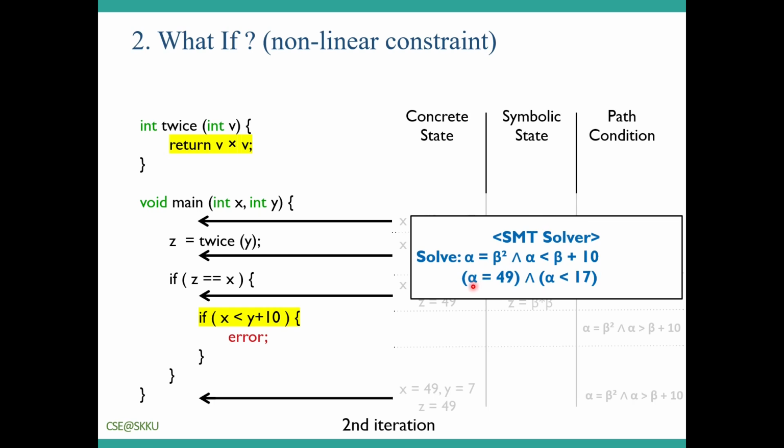So we get 49 equals alpha and alpha less than 17. But as you can see, this is clearly unsatisfiable. That means no alpha can be both 49 and less than 17. So as a result, the solver fails to find a valid input. So in this case, concolic testing fails to generate a new input that leads to the error branch.